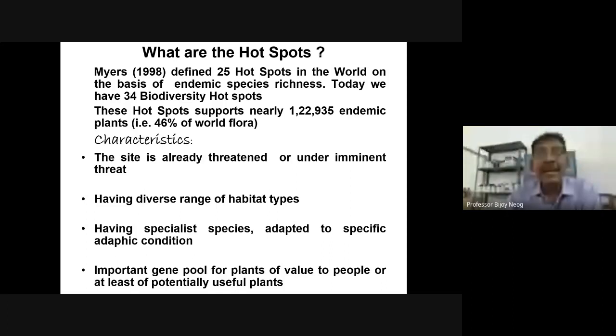We are sitting on a hotspot, with a lot of vegetation and diverse forms here, but they are already threatened, because there is limited area and there is competition for food, nutrients, and the filter for the flora and fauna in these areas. Also, we have very specialist species adapted to those edaphic conditions only, so they need that kind of situation where they can grow and multiply.